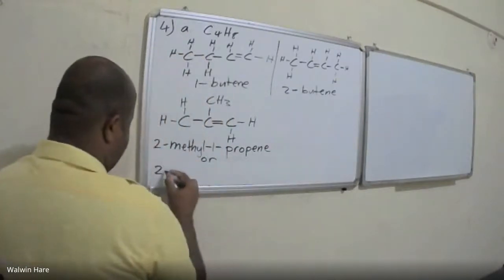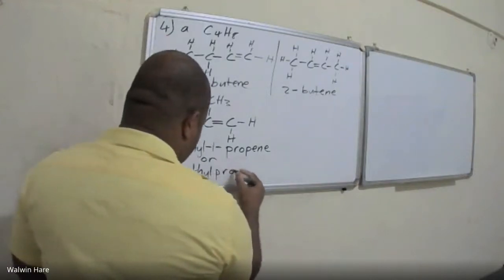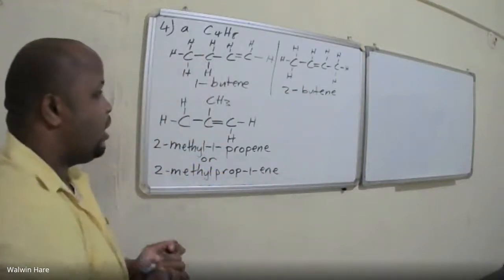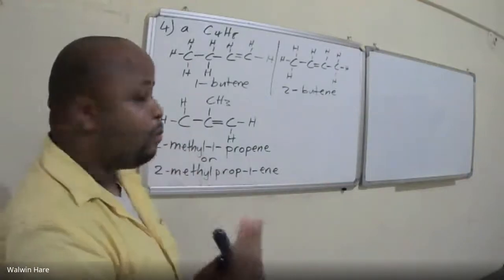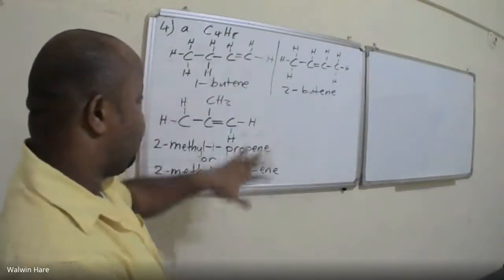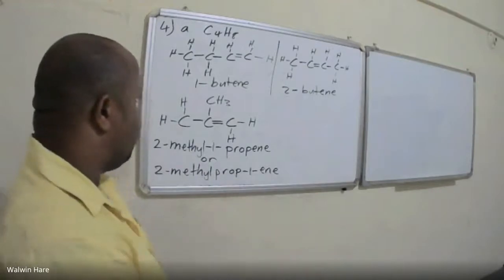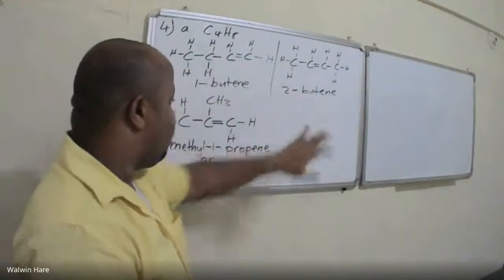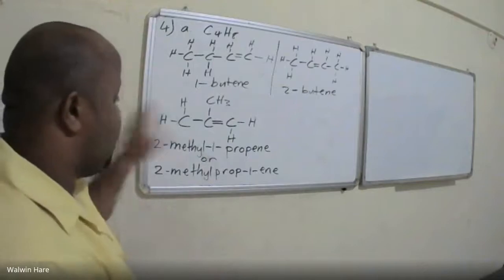Or we can say 2-methylprop-1-ene. Alright, so it asks for 3 isomers, but 2 of them must be geometric isomers. So for the one isomer, you could do 1-butene, 2-butene, or 2-methyl-1-propene. So you could do any of these.